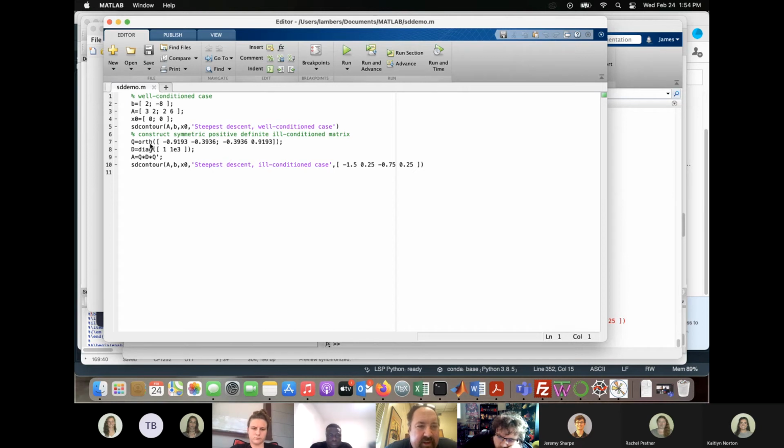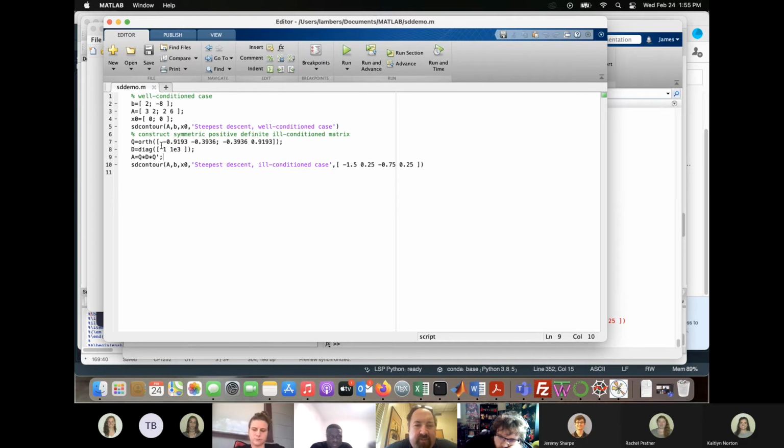Here, I made up an orthogonal matrix, and the columns of this matrix would be the eigenvectors of A. Here I have a diagonal matrix that has 1 and 1,000.